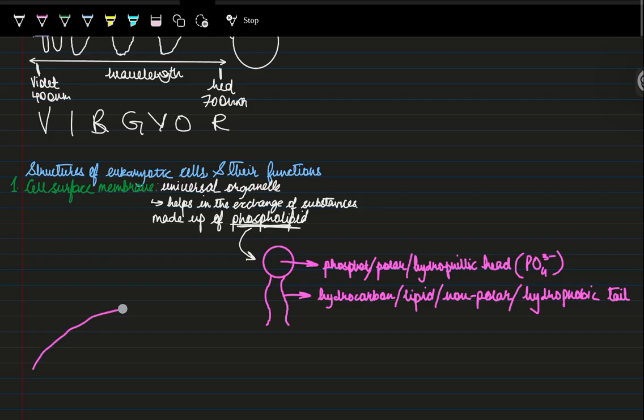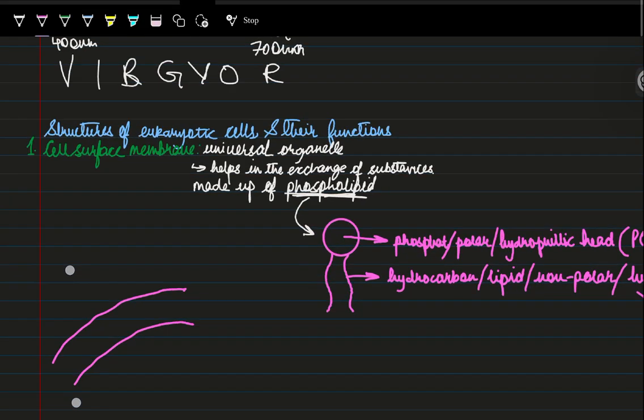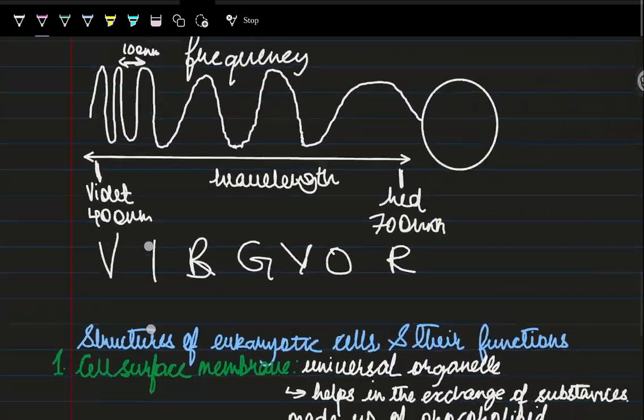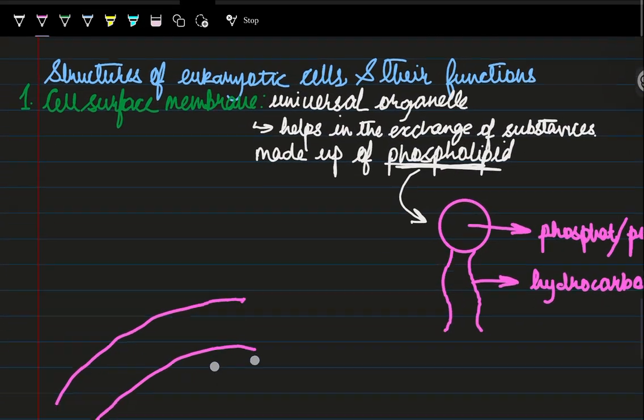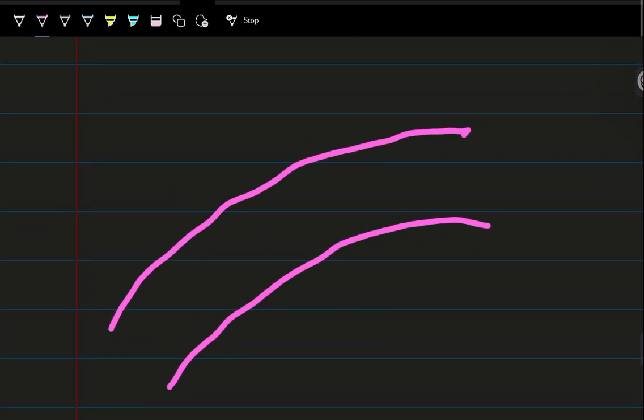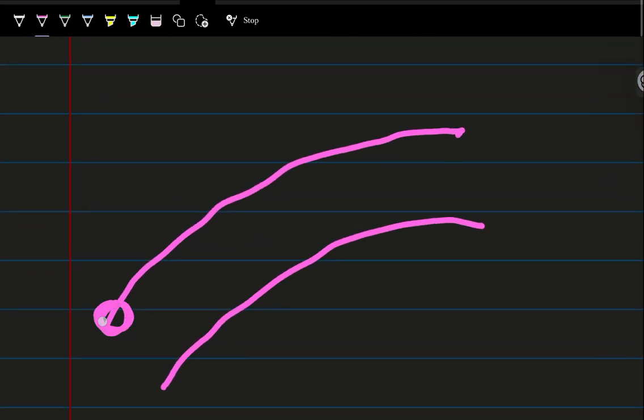So this is one layer of phospholipids and this is another layer of phospholipids, and inside is the cell. In the phospholipid bilayer, since the head is hydrophilic, it stays on the outside. I'm not going to draw the whole thing, just 4 of them for your understanding.